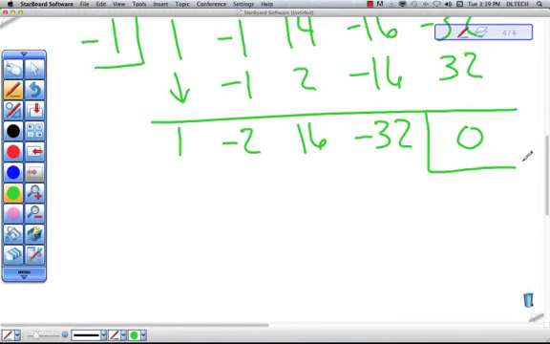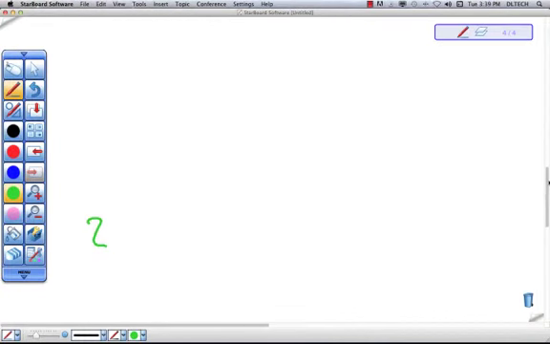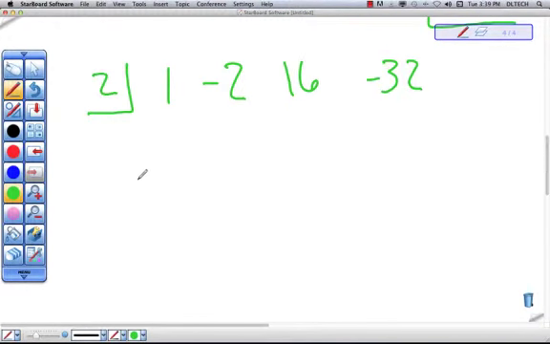After finding one of our zeros, we're going to use our new quotient and not go back to our original one to be able to find our new zero. This time we're going to use 2. We bring down our 1. 2 times 1 is 2.